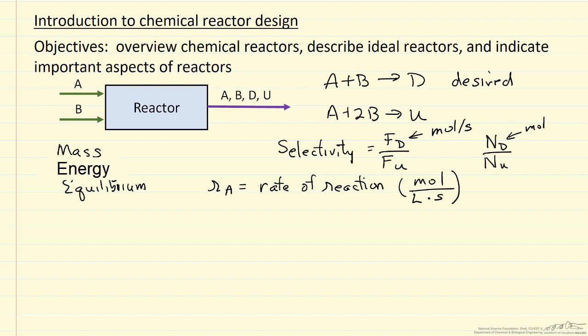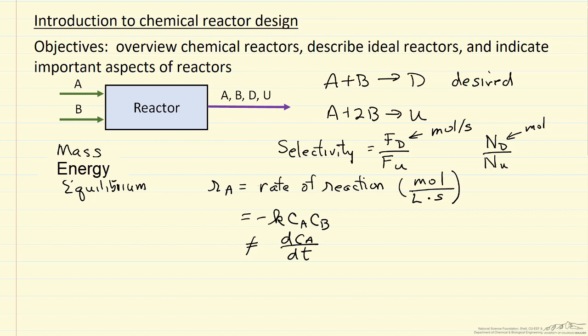And this can have positive or negative sign. If it's, in this case, a reactant, it's going to have a negative sign, and it'll be a rate constant, which depends on temperature. And for example, let's say for the first reaction, the rate of reaction is first order in A and first order in B. Now, an important thing to keep in mind, this is not the same as the change in concentration of A with respect to time.